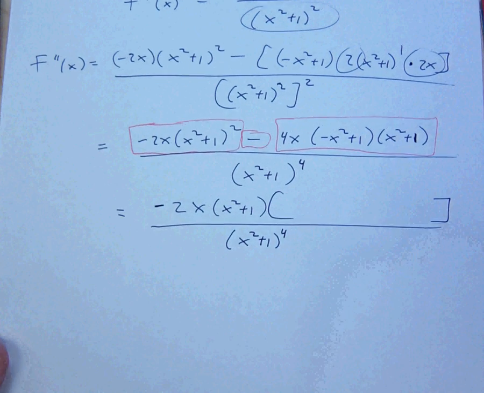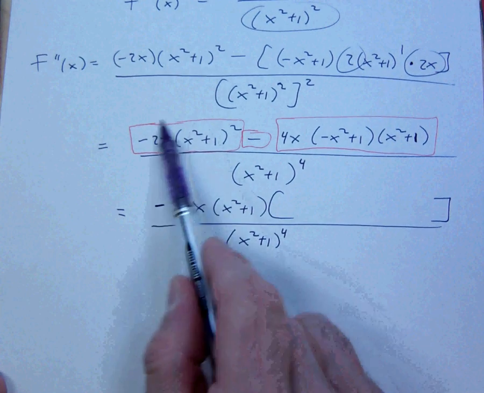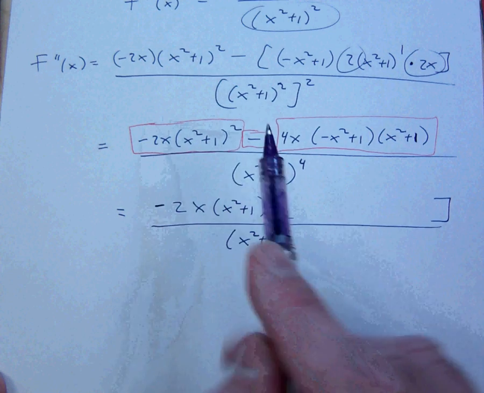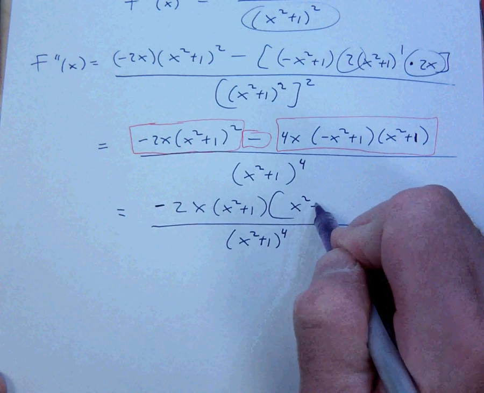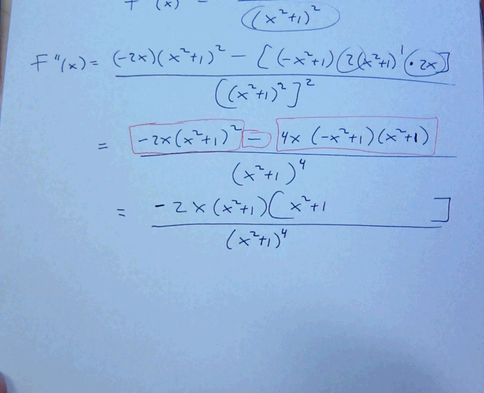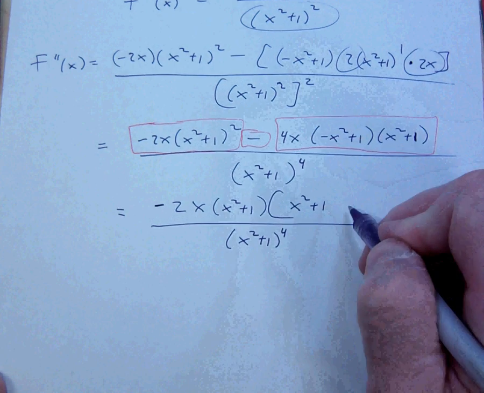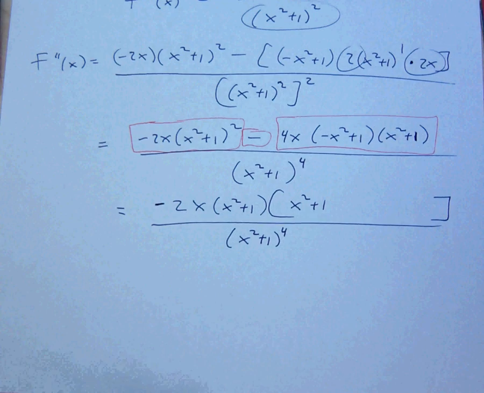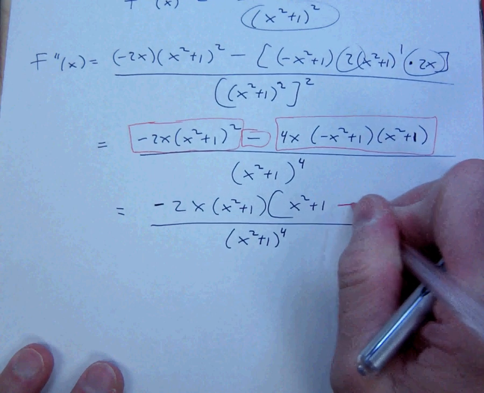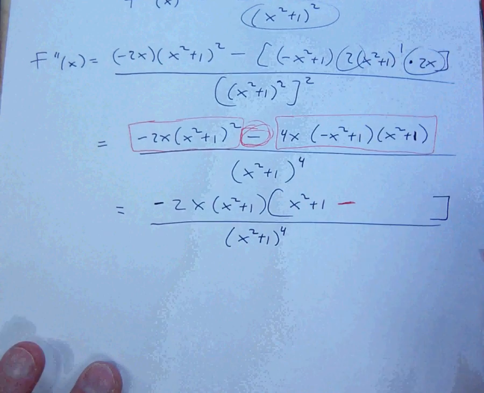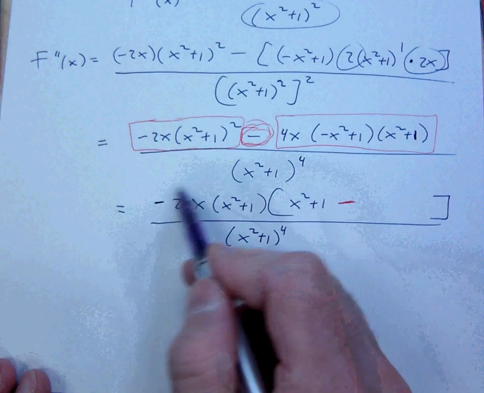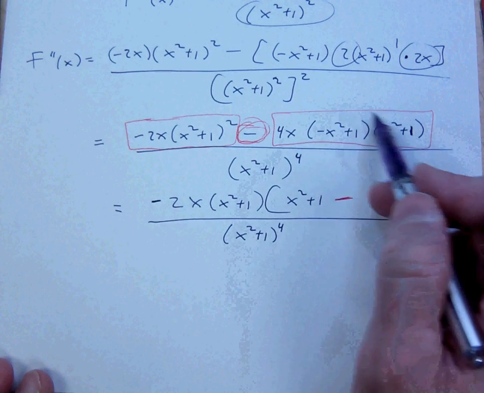Ready? Okay, so if I pull all of this out of here, what am I left with? X squared plus 1. Okay. And then don't forget to bring down your minus. I'm just bringing down that minus. And now when I pull all of this out of this box, what am I left with?